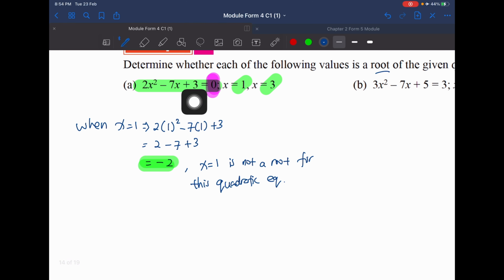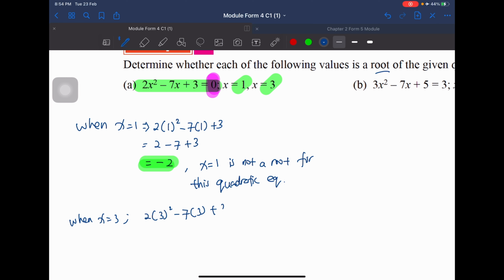So let's try the second value. So the second value is 3. So substitute in when x equals to 3. So what you get, 2 times 3 square minus 7 times 3 plus 3. 3 square is 9. 9 times 2 is 18 minus 21 plus 3.